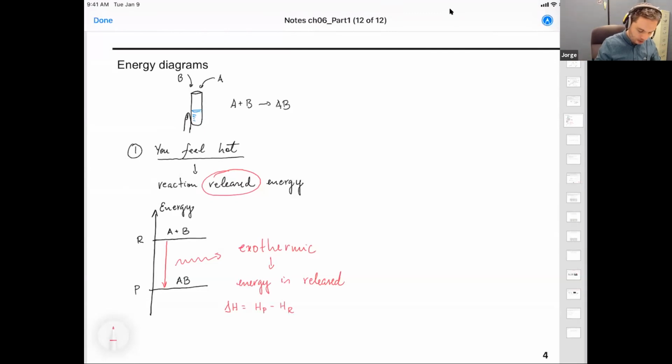Well, let's look here at the energy diagram. We know for sure that the enthalpies of the products is lower than the enthalpy for the reagents. So when you have a small value for the products and a large value for the reagents, I don't know the value of the enthalpy, but I'm sure that it has to be negative.